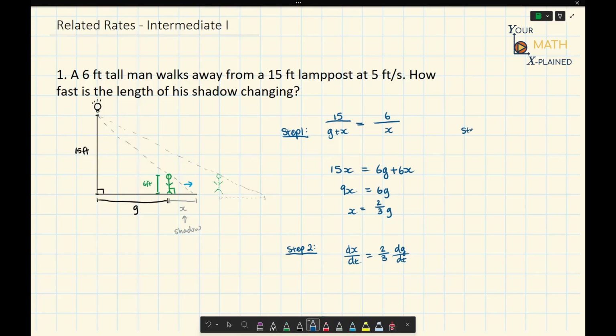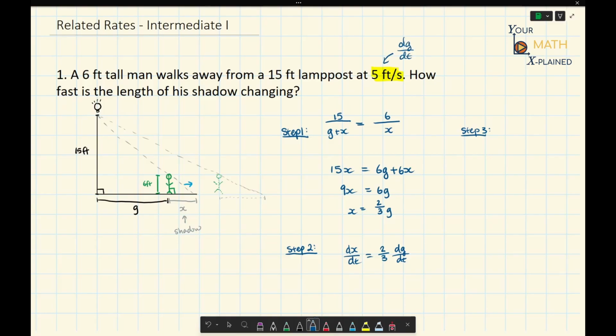And now the last step is for us to substitute in the values that we know. Here we're told that this man is walking away from the lamppost at 5 feet per second. So looking at the diagram, what that means is g is changing at 5 feet per second. Or more accurately, it's increasing at 5 feet per second as this man walks away. So that means this 5 feet per second here is dg/dt.